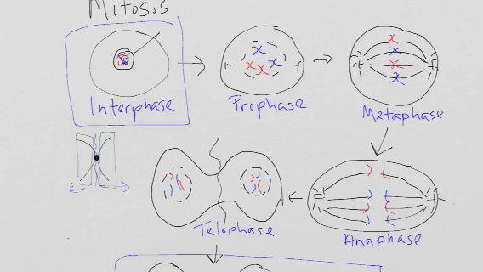It's got two identical daughter cells that have the exact same genetic makeup that the mother cell had.